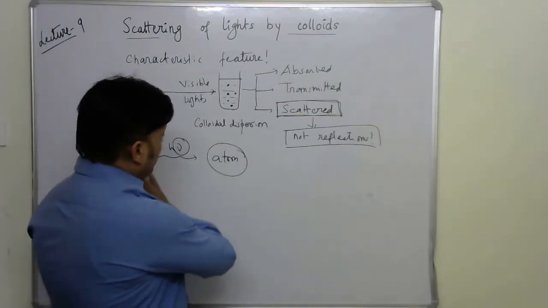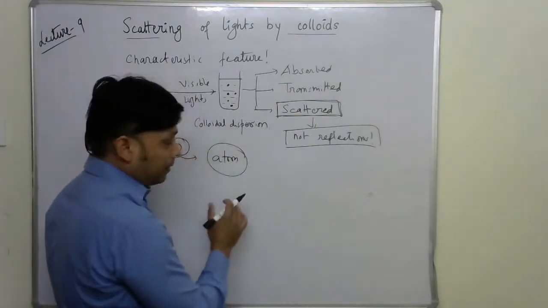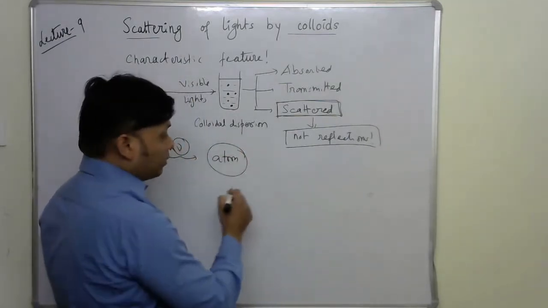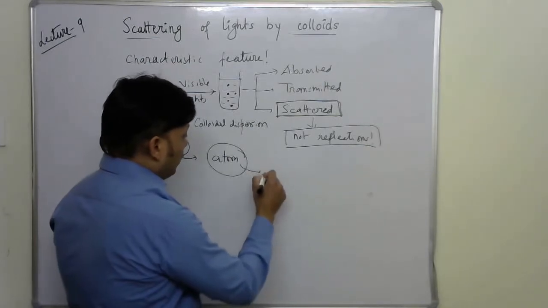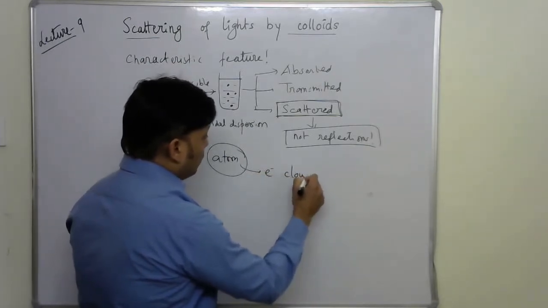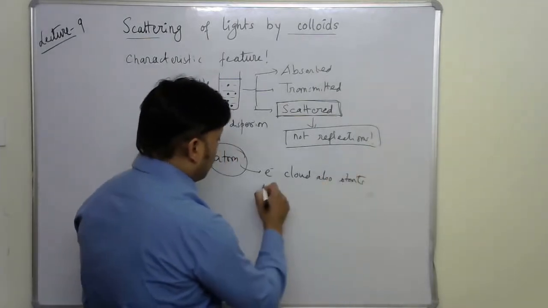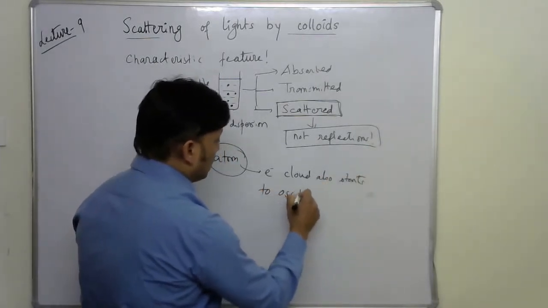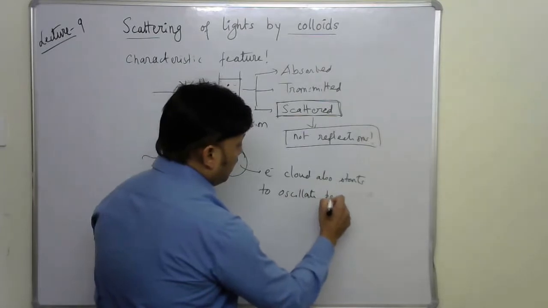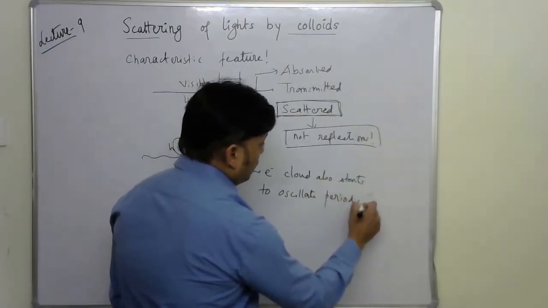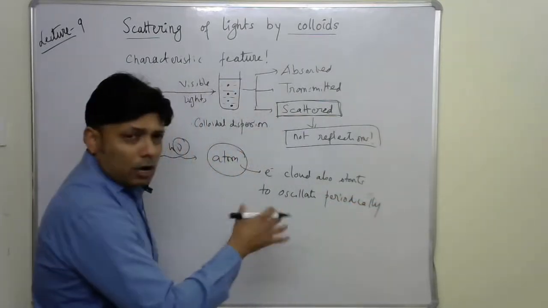Whenever the electromagnetic radiation hits the atom, the electron cloud also starts to oscillate periodically.